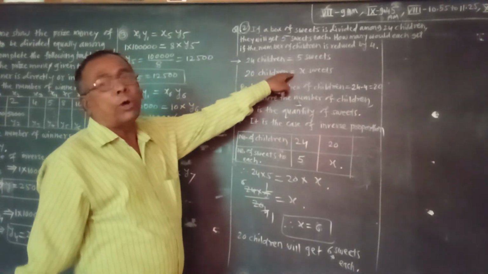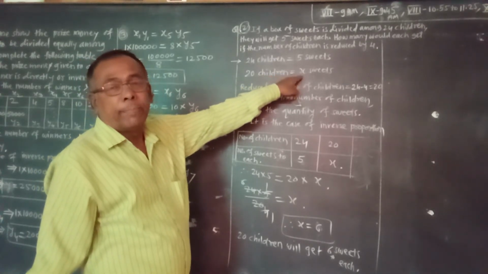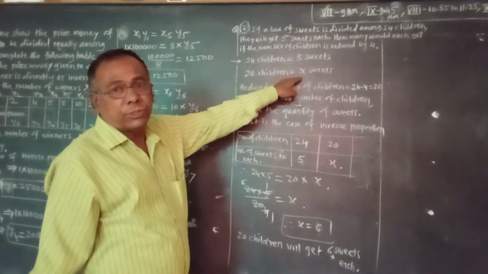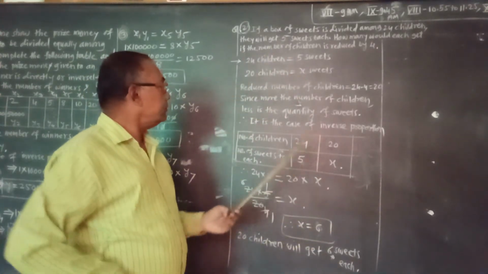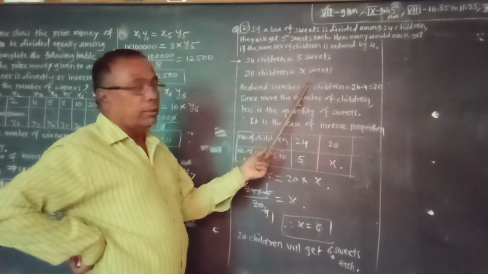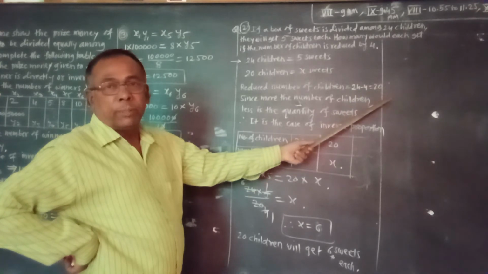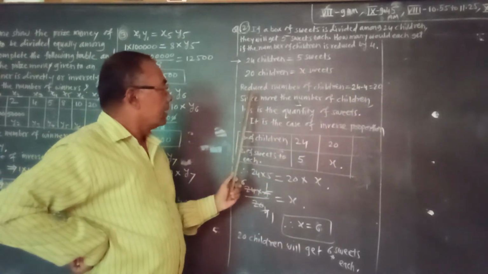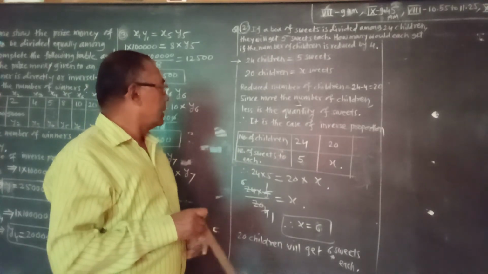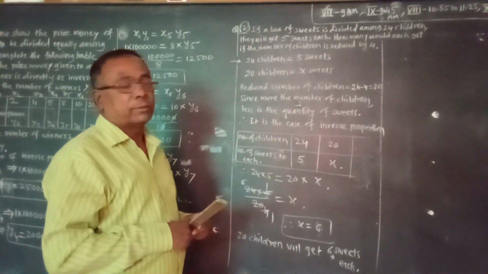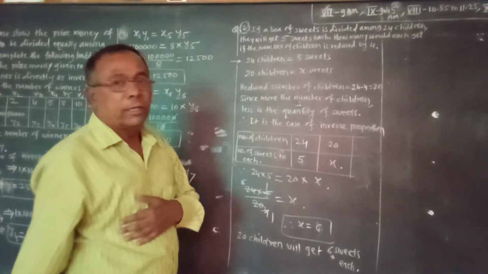We don't know how much they will get, so we consider that each child will get x sweets. Since the more the number of children, the fewer the sweets, it is the case of inverse proportion.